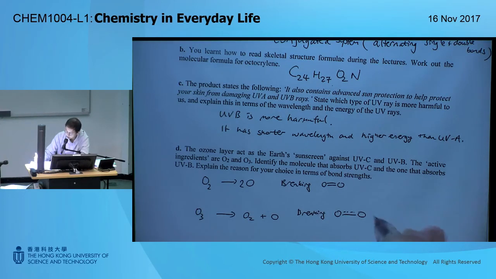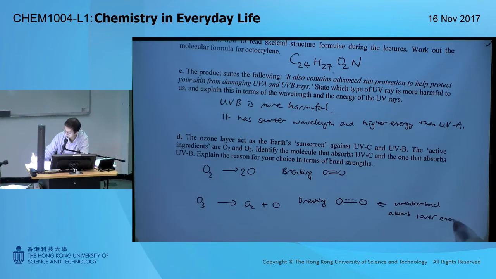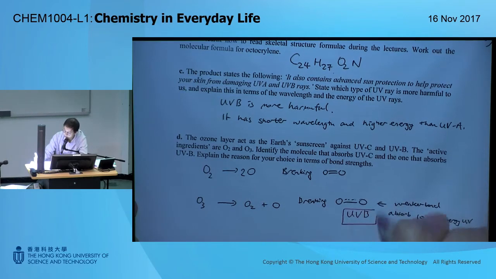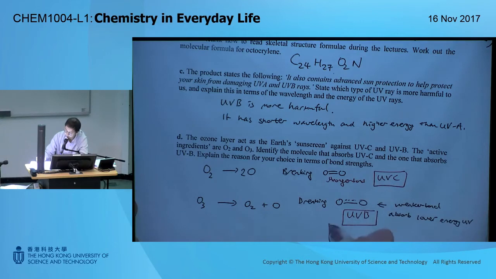So this is a weaker bond, so it will absorb lower energy UV. So therefore this must be the UVB, and this must be the UVC, the stronger bond here. The 1.5 bond.